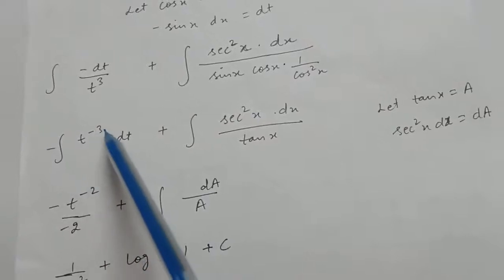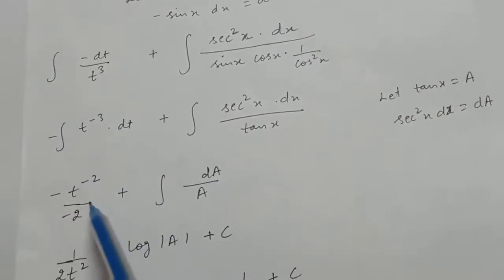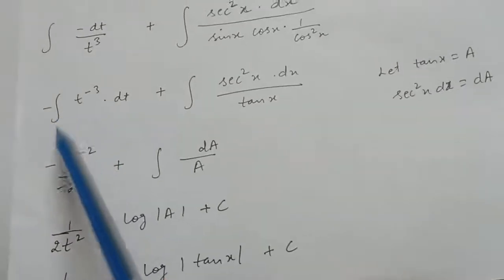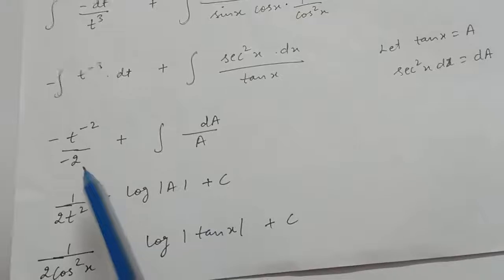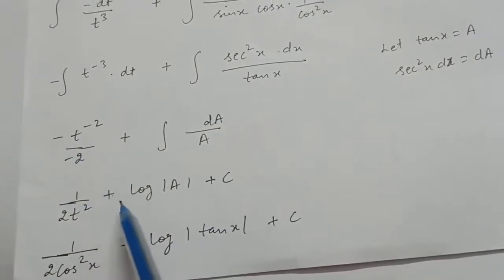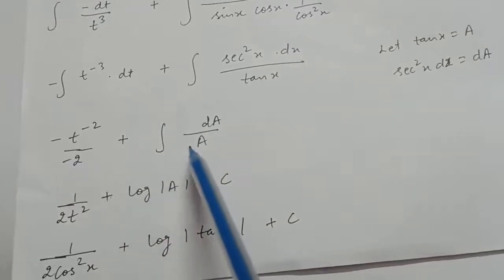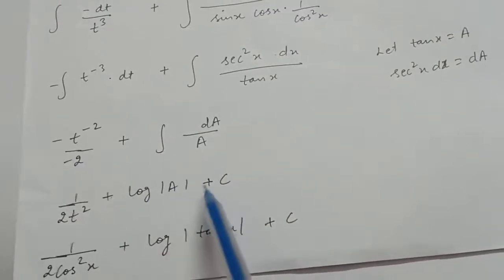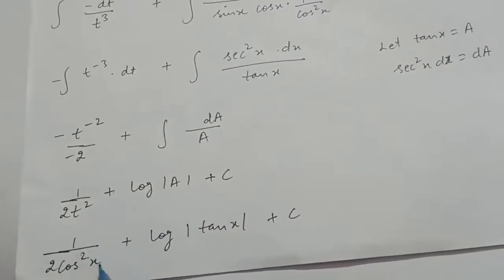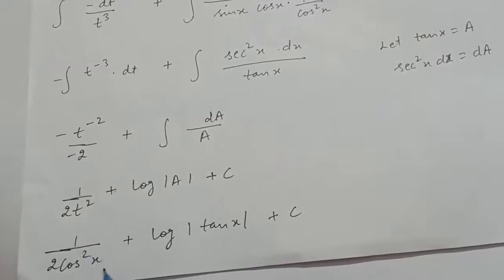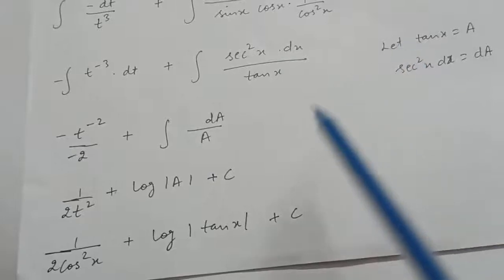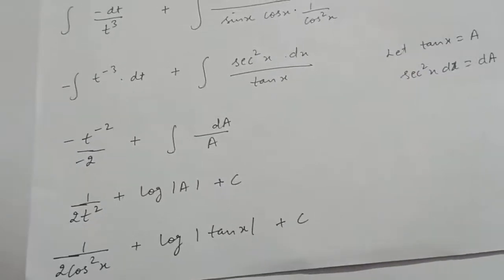Also integral of t raised to the power minus 3 will be t raised to the power minus 2 upon minus 2, and this minus as it is. Now this will be, minus will get cancelled, so you will get 1 by 2 t square, plus this will be integral of 1 by a will be log mod a plus c. Now write down the values. The value of t is cos x, so you will get 1 by 2 cos square x, plus log mod of a is tan x, so log mod of tan x plus c.